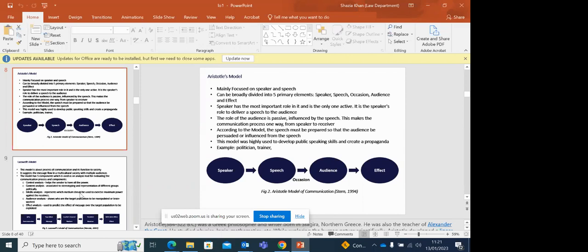Why is Aristotle's model quite good when it comes to things like conferences? Why do you think Aristotle's model is quite good? Someone who's a speaker has the most important role. Again, a politician, someone who's a teacher.